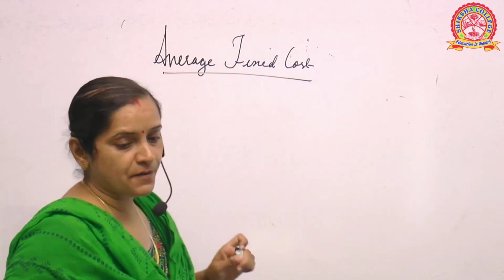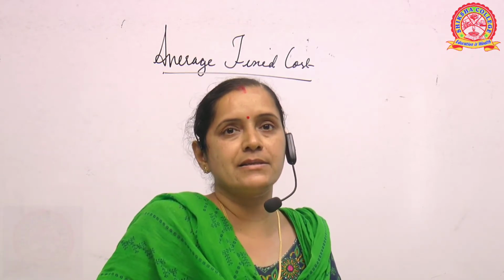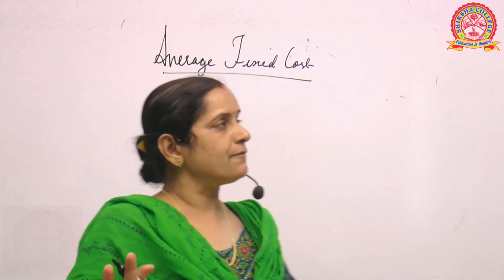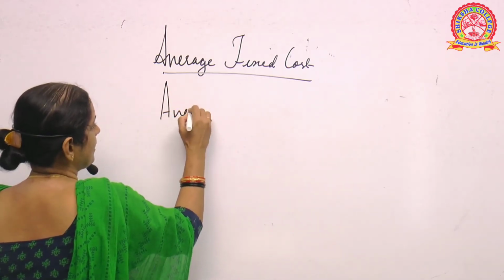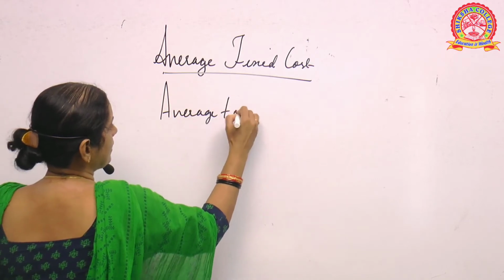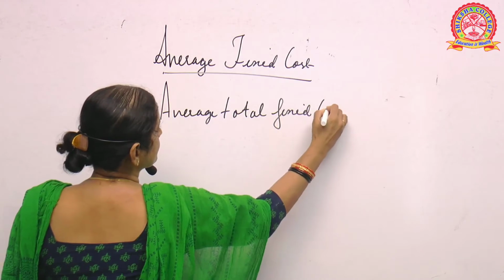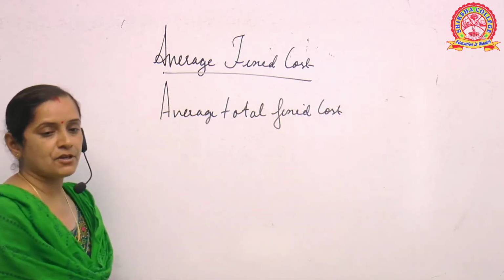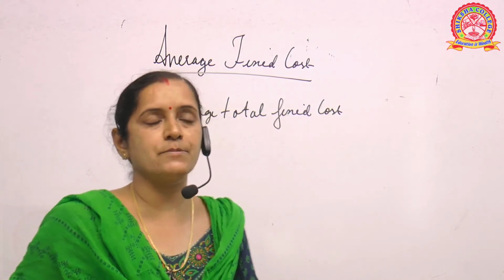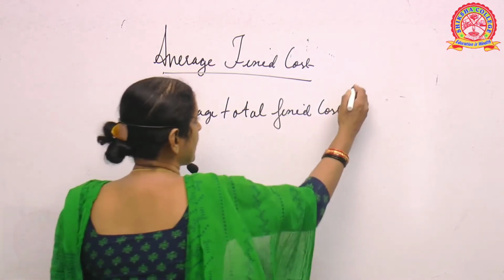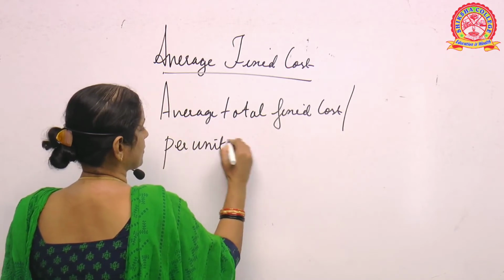Now average fixed cost is the average total fixed cost, that is the average total fixed cost per unit of production. Okay. Average total fixed cost per unit of output. Like this, per unit of your production. Per unit of output.